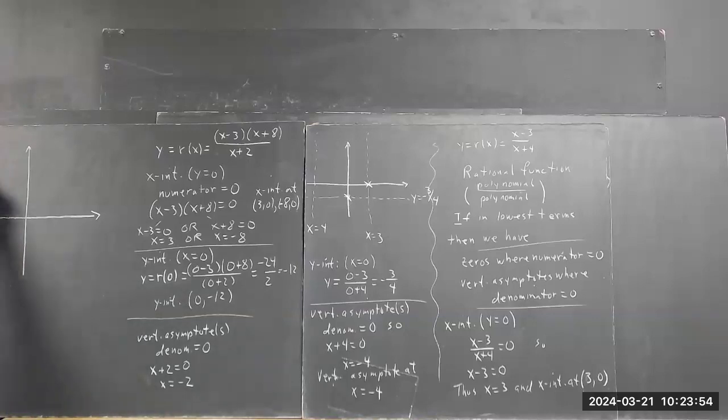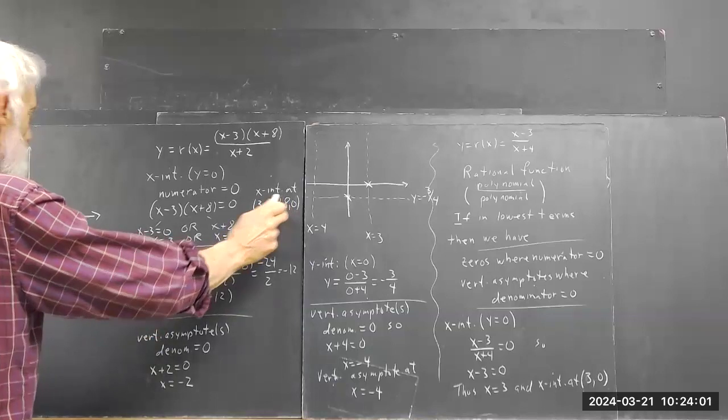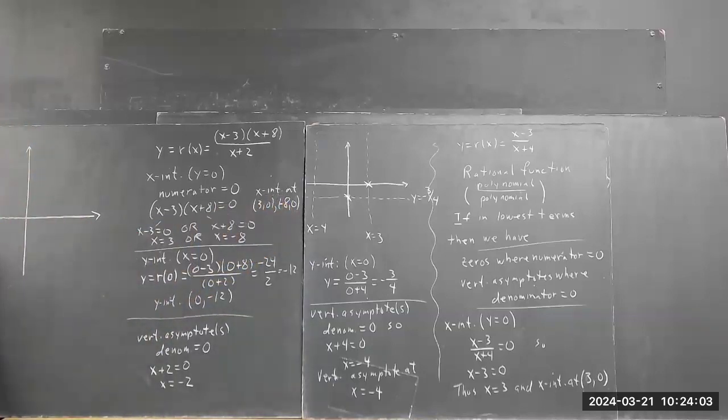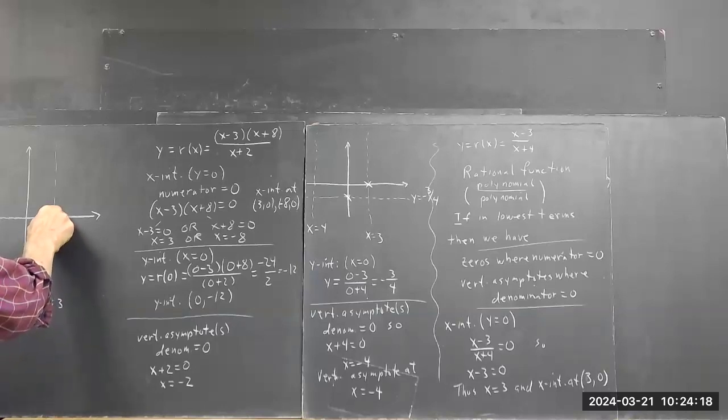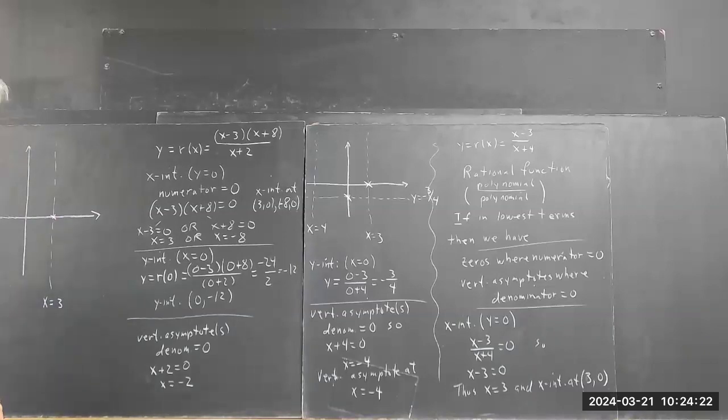We'll put x equals negative 8 here. And since we have an x-intercept at negative 8, 0, we'll indicate that there. And an x-intercept at 3, 0, so we'll put an x-intercept here.